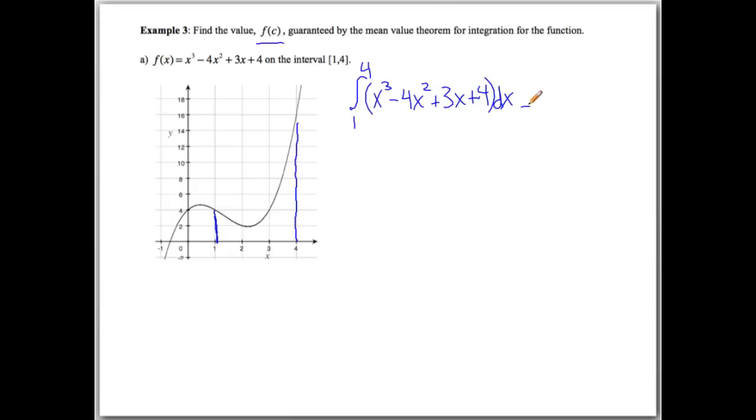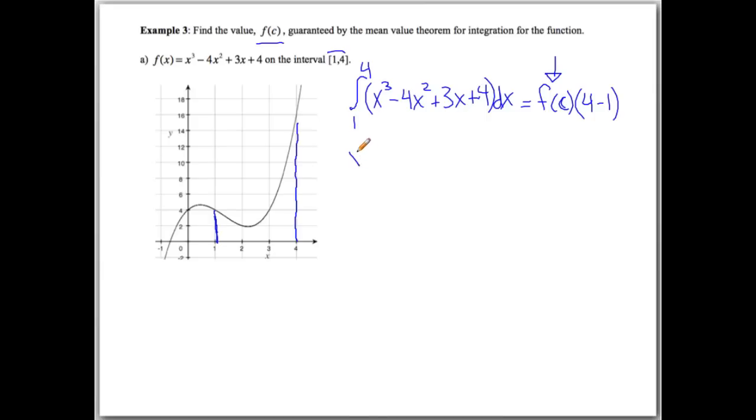And we know this is going to equal f of c times b minus a, or the width of the interval. So in this case, it's going to be 4 minus 1, because our interval right here tells us that. Okay, so basically we have an equation now, and all we're looking for is this f of c. So we actually need to evaluate this definite integral, so we'll use the power rule for integration with the fundamental theorem of calculus.